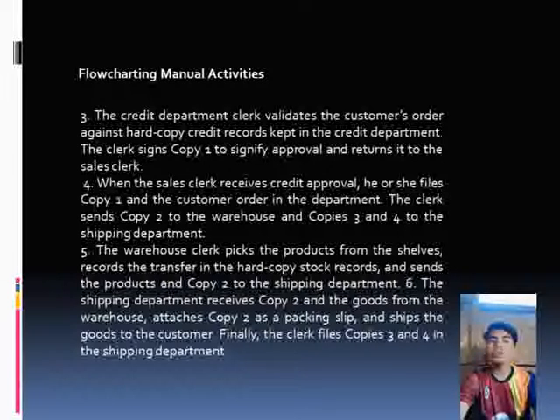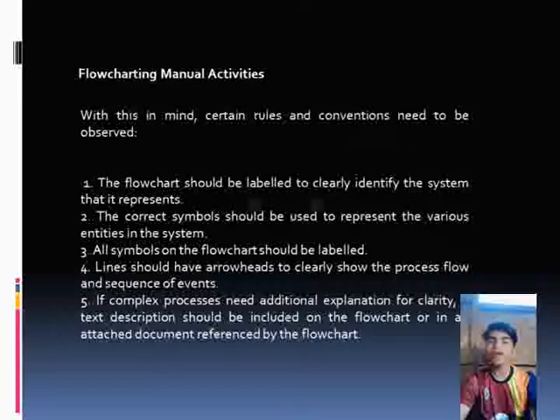Sixth, the shipping department receives copy 2 and the goods from the warehouse, attaches copy 2 as a packing slip, and ships the goods to the customer. Finally, the clerk files copies 3 and 4 in the shipping department.